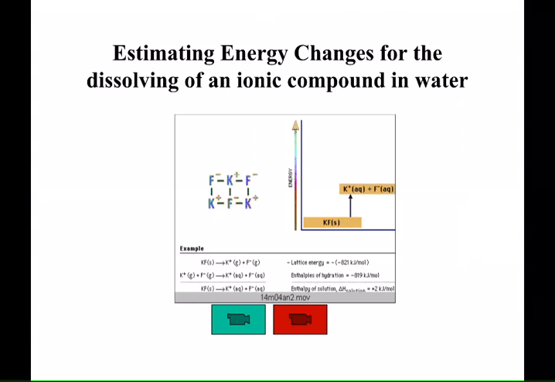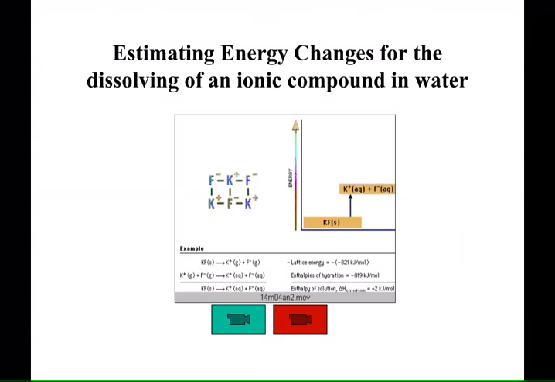So you can see down here, and I know it's small, but it says enthalpies of hydration. Exothermic, there it's negative. And to break the individual bonds for the potassium, the crystalline structure as it's solid, is negative, negative, which is positive.